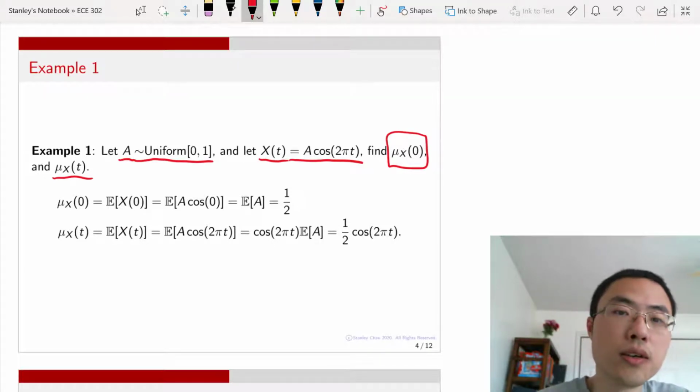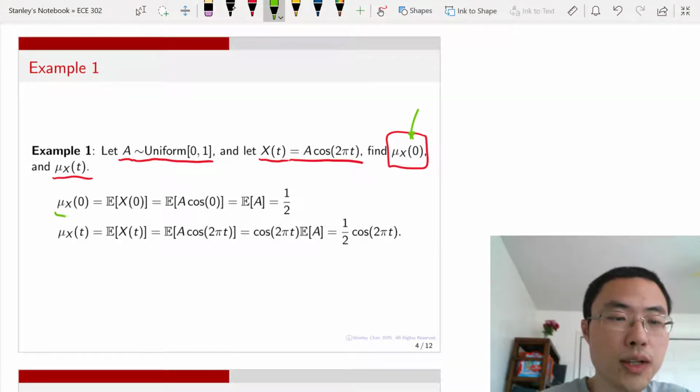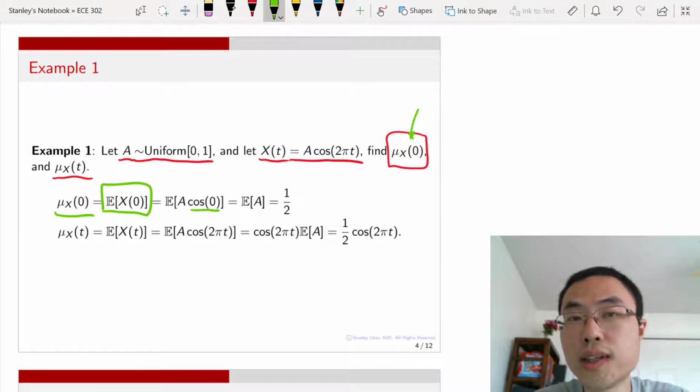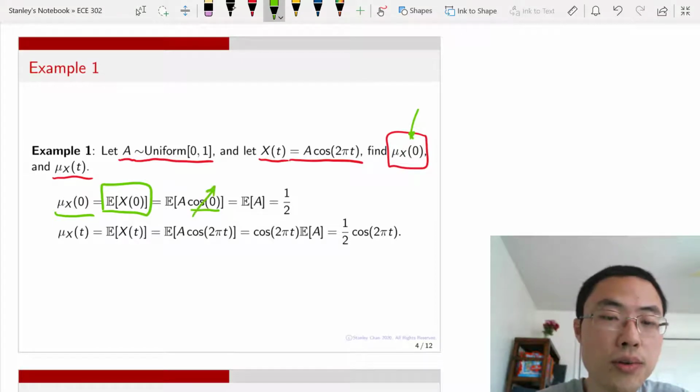Let's just find the first one. What is mu at 0? Well, mu at 0 is the expectation of X at 0. Without doing any expectation, let's just calculate what X at 0 is. When the time t is 0, you are evaluating this cosine at 0, and cosine 0 is just 1.